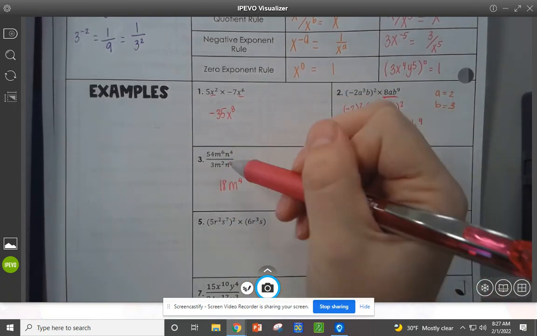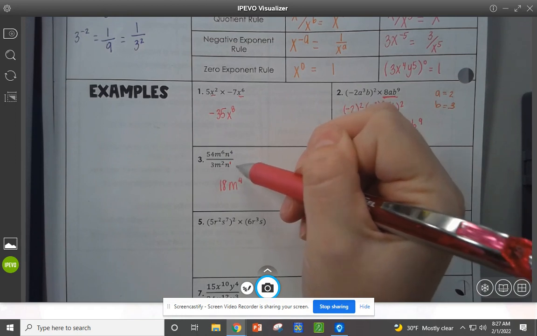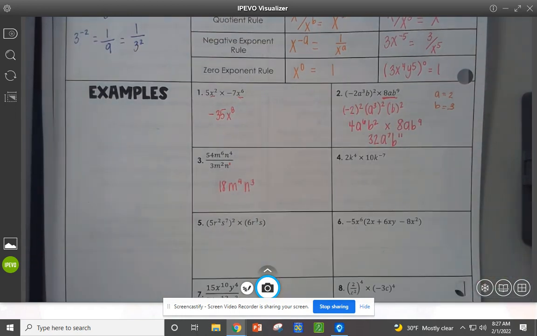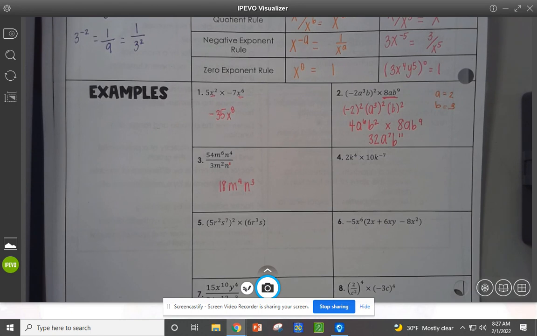And this n has a 1 exponent there on the bottom. So if we subtract those, we get n cubed. Questions?